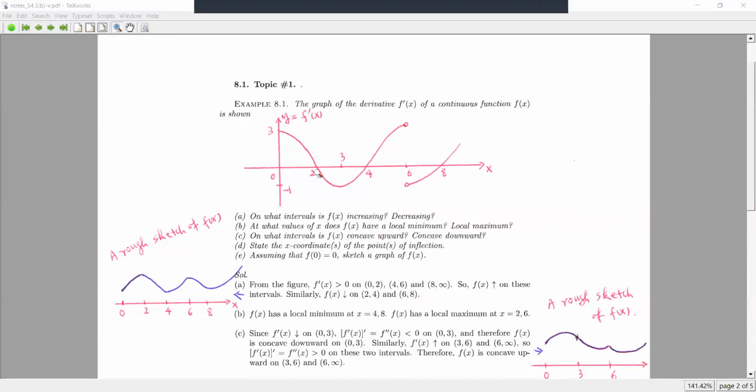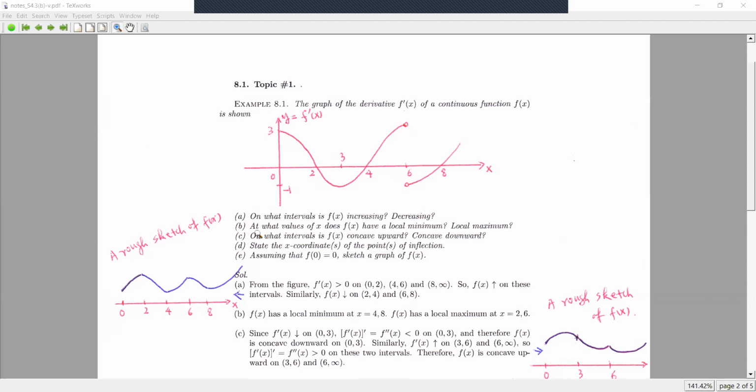Similarly, from 2 to 4, 6 to 8, the curve lies below the x-axis. That means that over these two intervals, the derivative is negative. So the function f is decreasing on these two intervals. This is A.